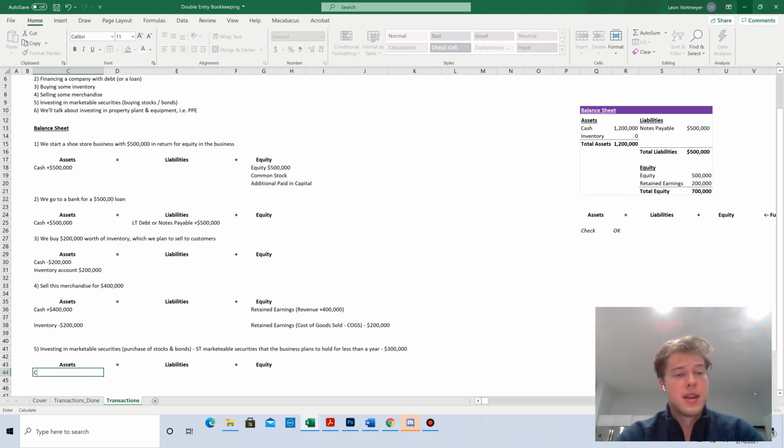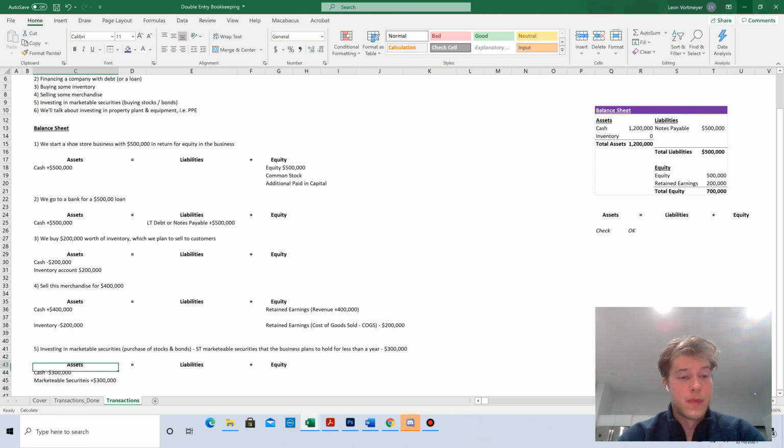So if that's the case, then cash goes down $300,000. And an investment in marketable securities goes up $300,000. So notice, in essence, this is really similar to transaction number 3. One asset account went down and another one went up. So assets are net 0 and nothing happened to liabilities and equity.